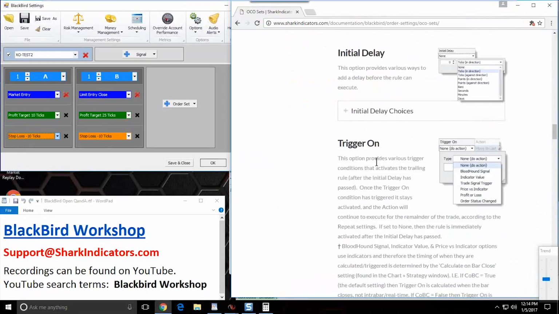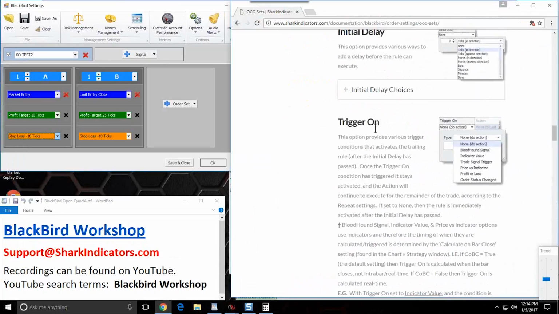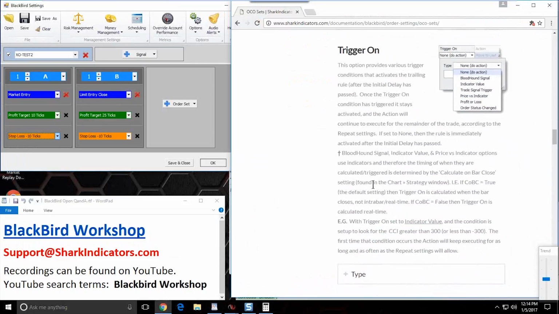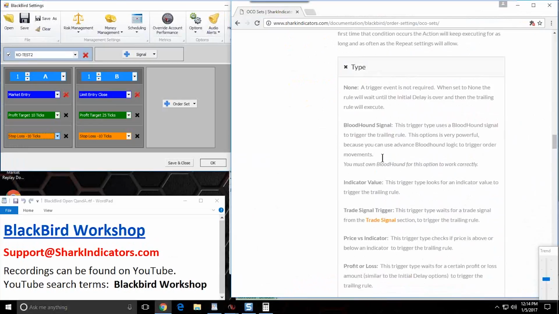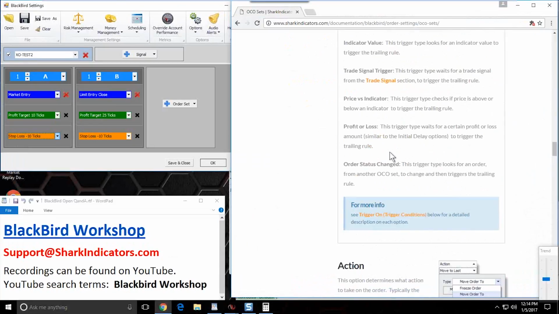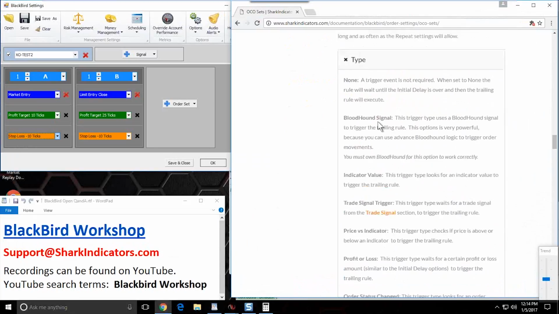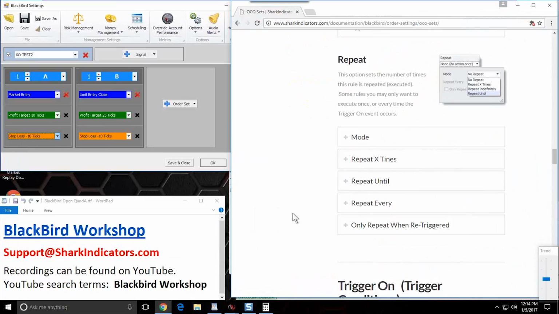And then we can scroll down to the trigger on column. There's a synopsis of all the different trigger-ons, or all the different triggering events. And if we go down to repeat, there you go.